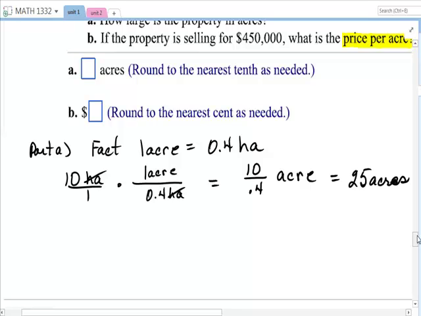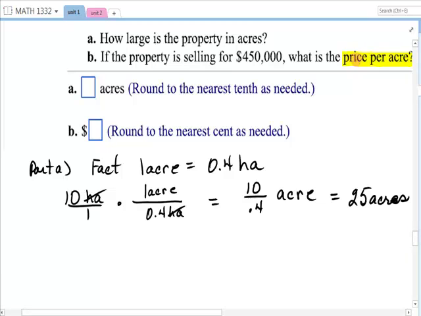Okay. Now, the sale is $450,000. We want to know what is the price per acre. So what goes on top? I'm finding a ratio, which means you're going to write a fraction.